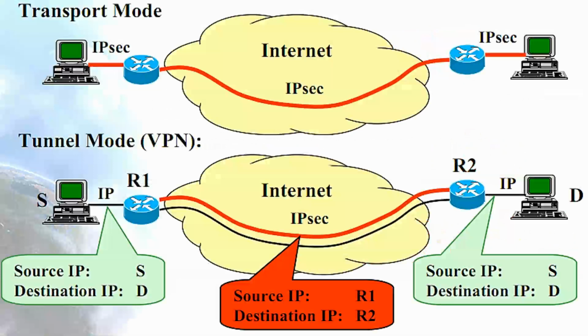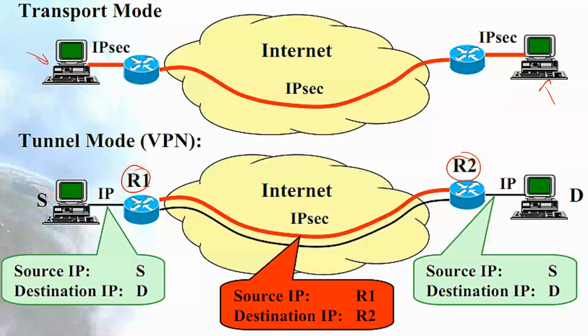The transport mode, you can actually provide security services end to end. And here mainly we are talking about authentication. The tunnel mode basically acts as a VPN. You provide security services between the endpoints of the tunnel. You add an additional IP header that includes the source IP address of R1, which is the entry gateway, and the destination IP address of R2, which is the exit gateway.